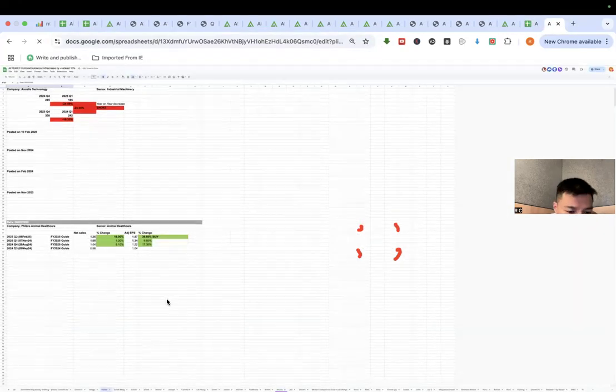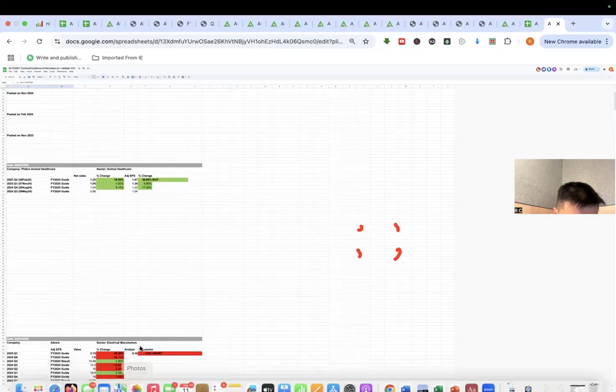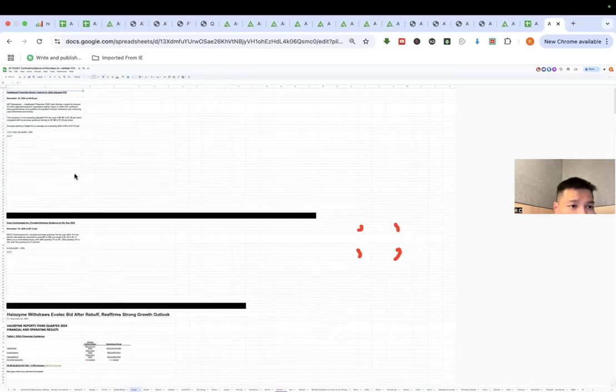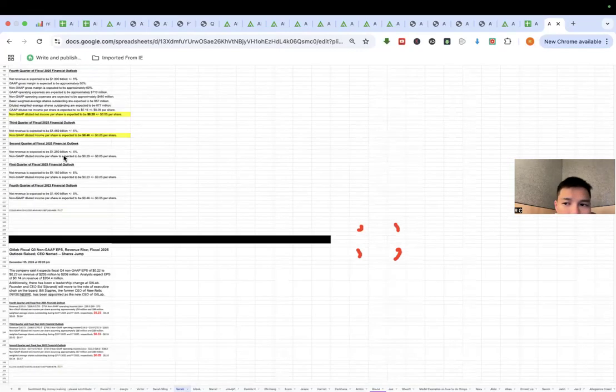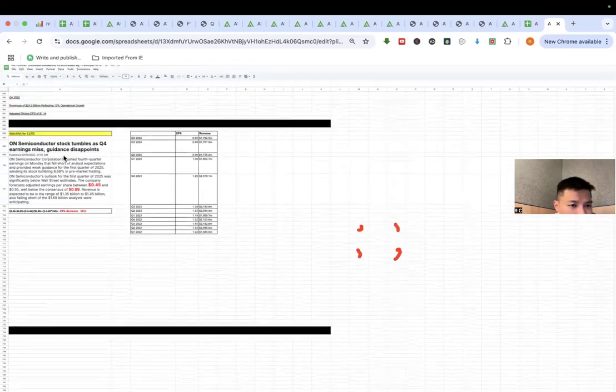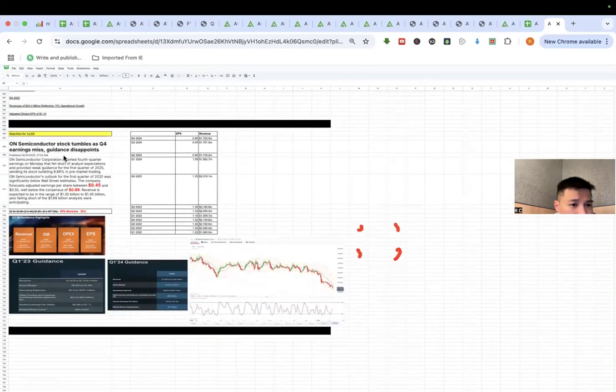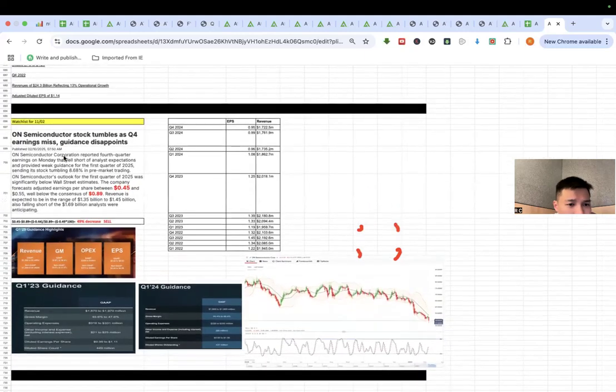So next one. Okay, looks nice. 0.89 minus. Now we don't look at the cons.